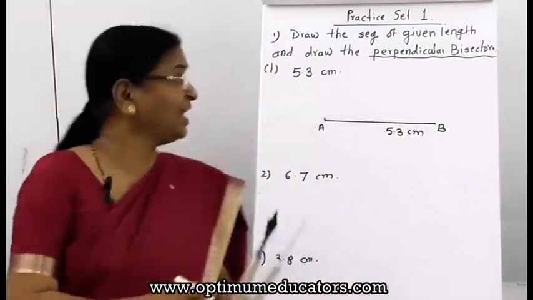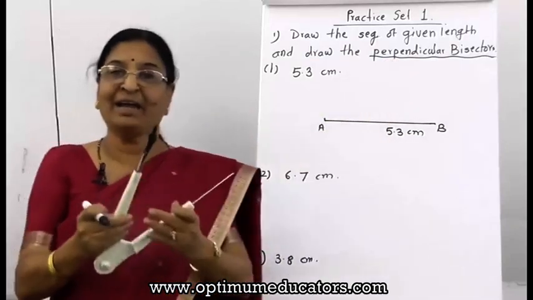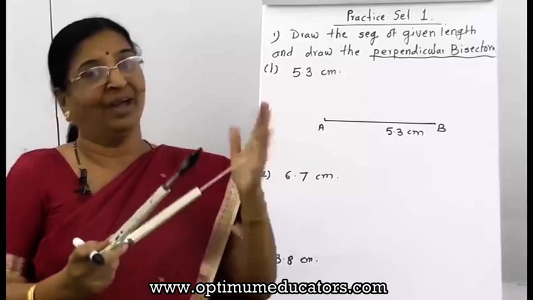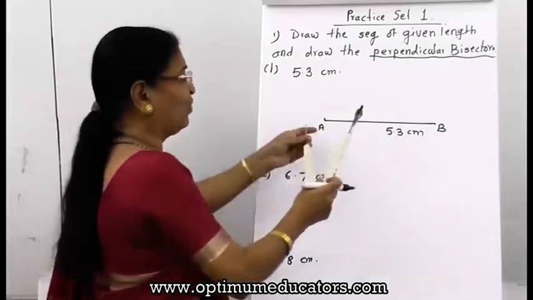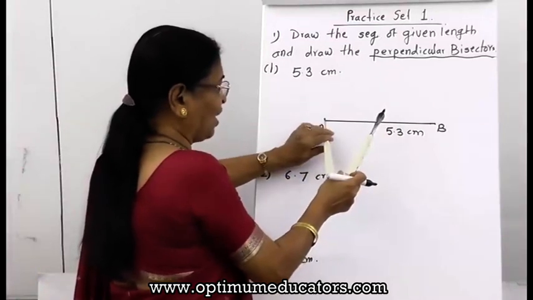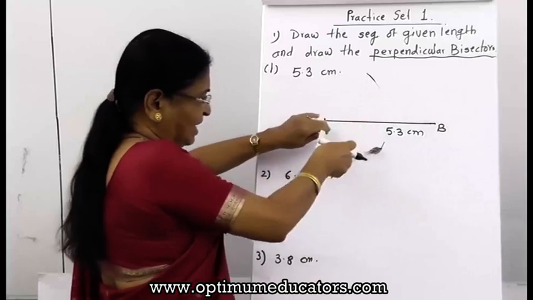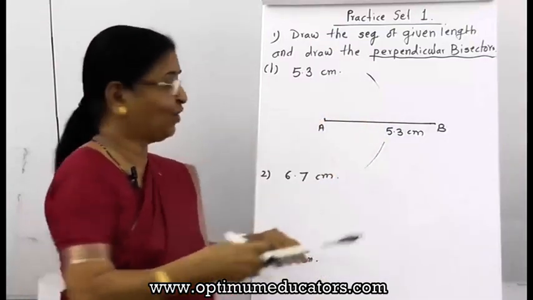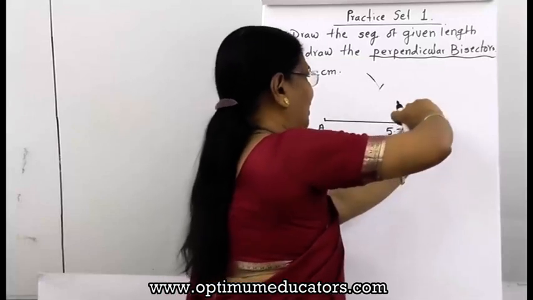Now what I want is to draw a perpendicular bisector. So again I have to take a compass, and what to do? Take more than half and make the two arcs out of it. So I will put it here, make one arc, the same arc on the lower part also. With the same point again I will mark the two arcs.